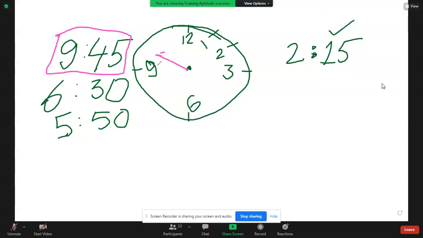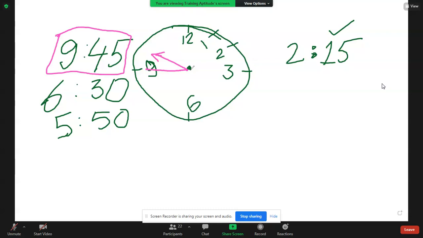So what will be this angle? In 45 minutes, this angle is 22.5. Every 1 minute it travels half a degree. So in 45 minutes, the hour hand has moved ahead 22.5.